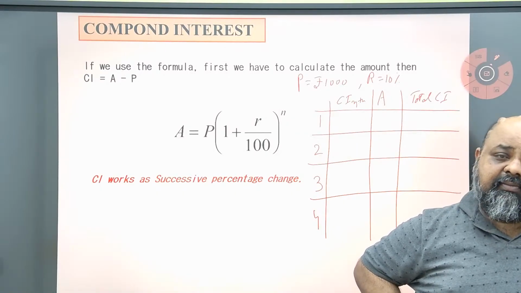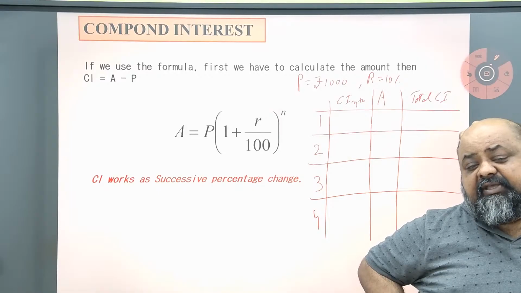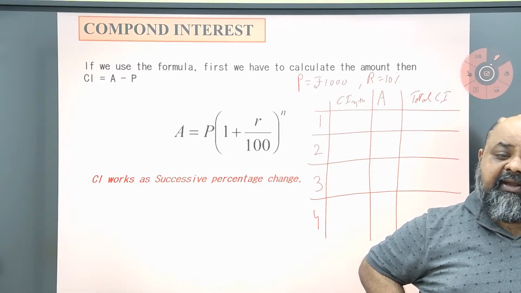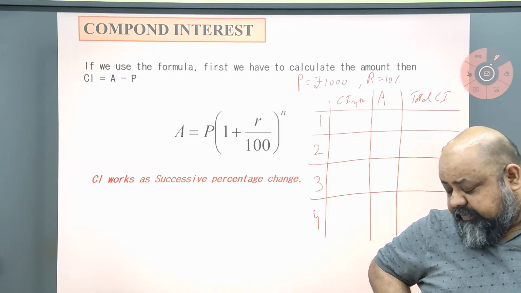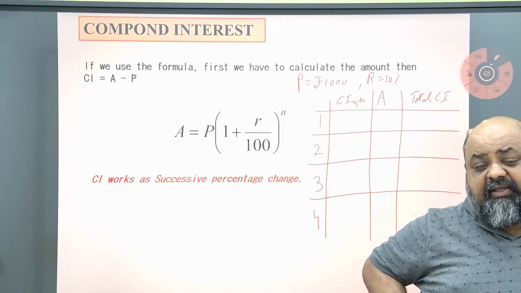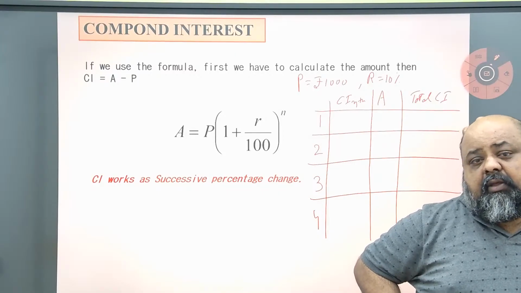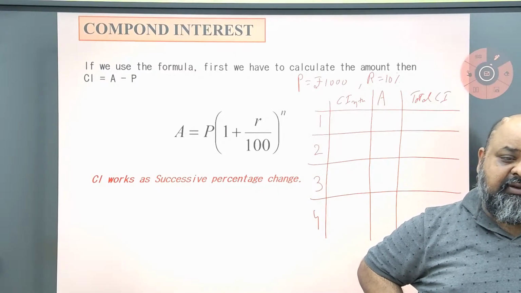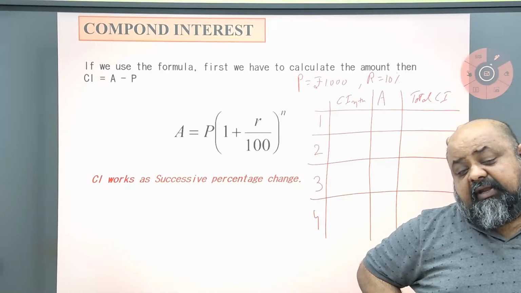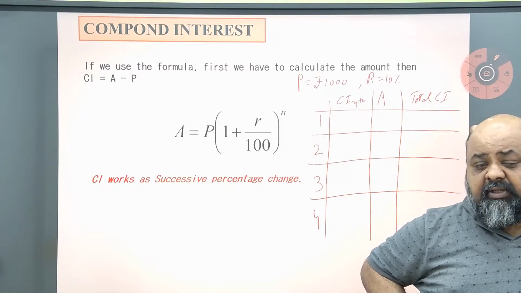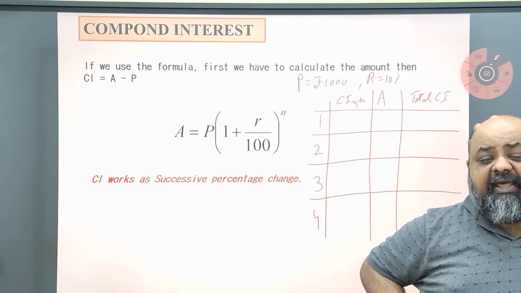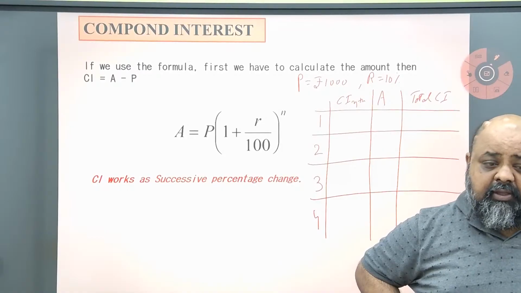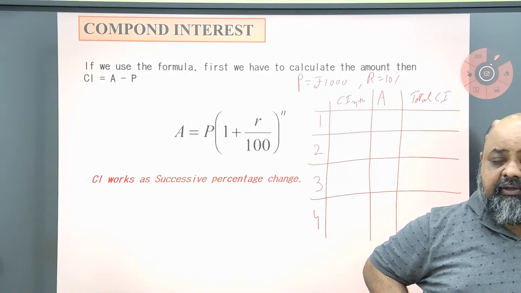The second column, therefore, is the amount at the end of each year. What is the amount pending at the end of the first year? The amount at the end of the second year, total. And once you subtract principal from the amount, we will get the compound interest which has accrued for the entire duration till that point.